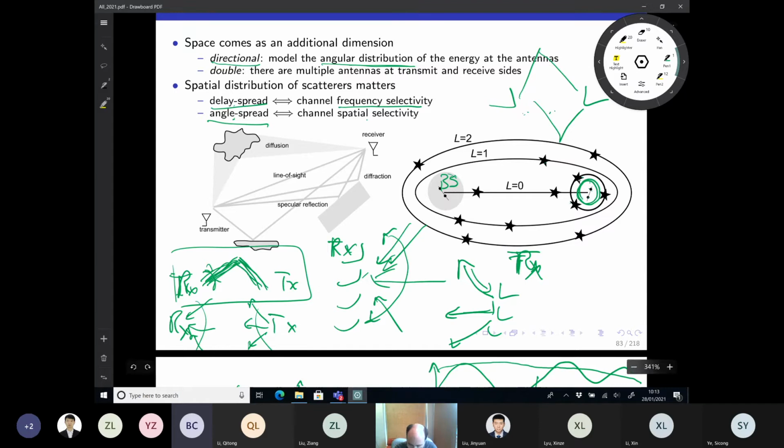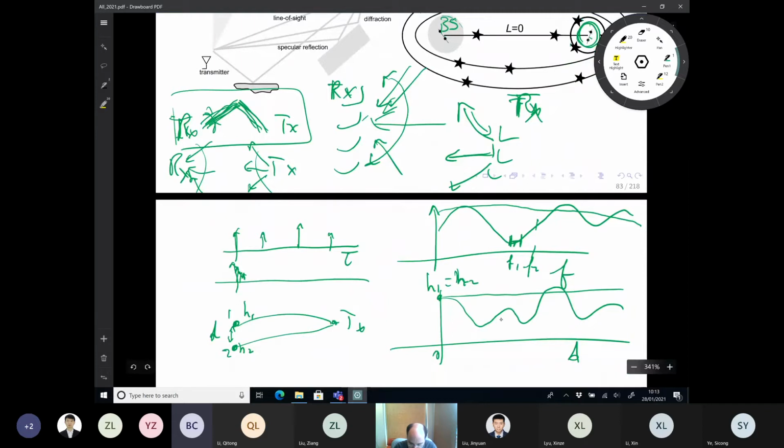So I have a lot of scatterers around the walls here. Now you see the difference between propagation at the base station and the mobile handset. That means if you have fewer scatterers around the base station, the angle spread will be smaller around the base station than around a mobile station. And so that will play a role on the spatial selectivity.